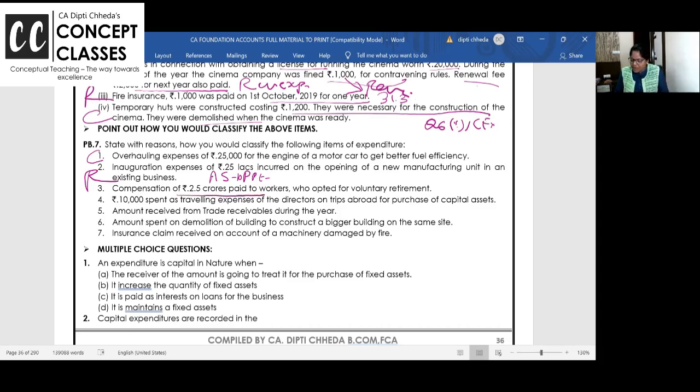Compensation of 2.5 crore paid to workers who opted out for voluntary retirement. Mark it, very important. It is different till your inter and final. AS 15 is there.